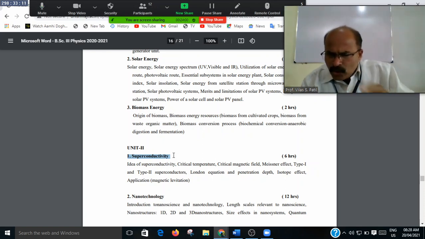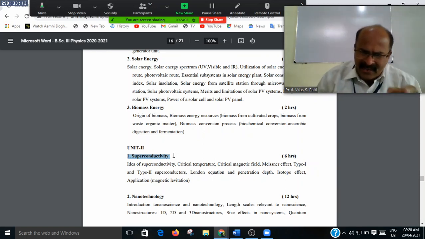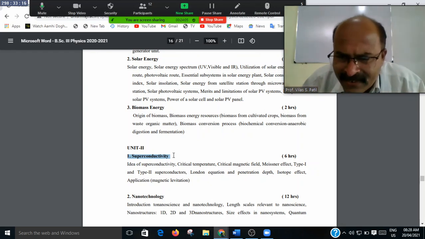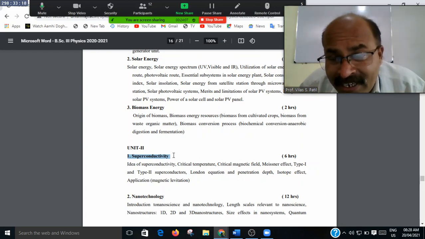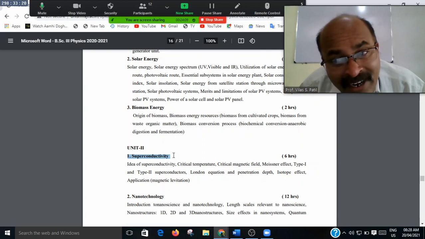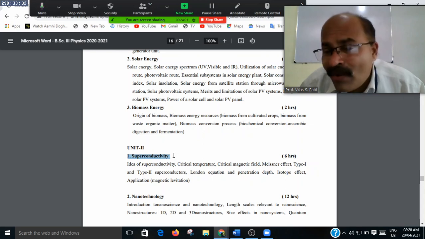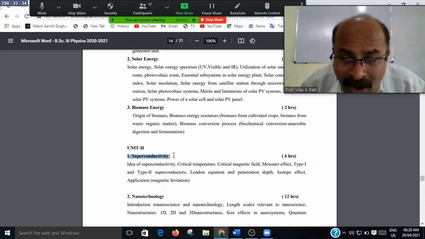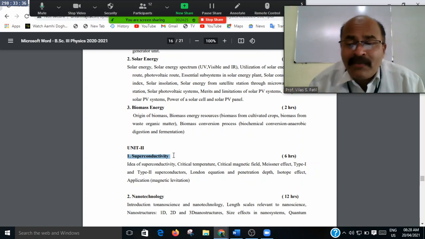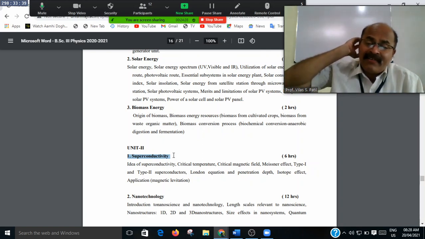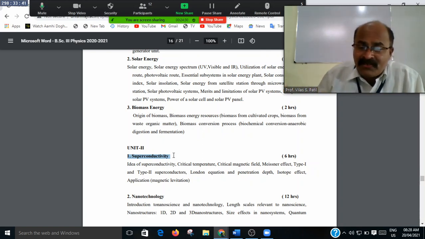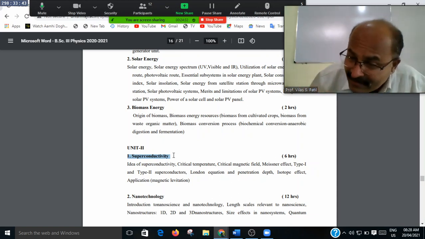Friends, superconductivity is the name of this topic. Superconductivity is related with conductivity, meaning it is related with the conductor. The property of the conductor is conductivity, to conduct the electric current, the flow of electron, from one end to the other end. Conductivity depends upon resistance, in inverse proportion.